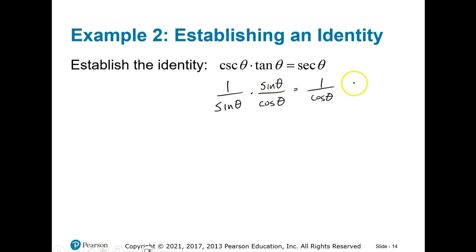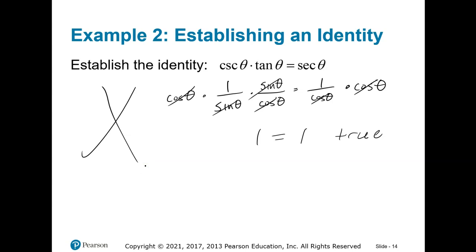But what I cannot do is multiply both sides of an identity that I'm supposed to establish by the same thing. You know, that cancels, that cancels, that cancels, and I end up with 1 equals 1, which is true. And so, you know, I verified the identity. You absolutely cannot do that.